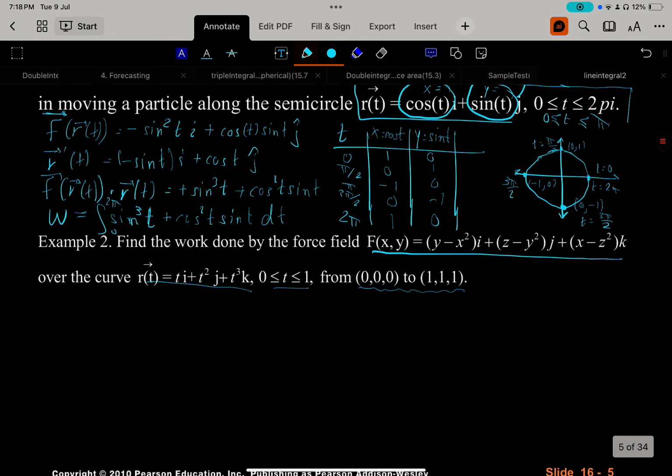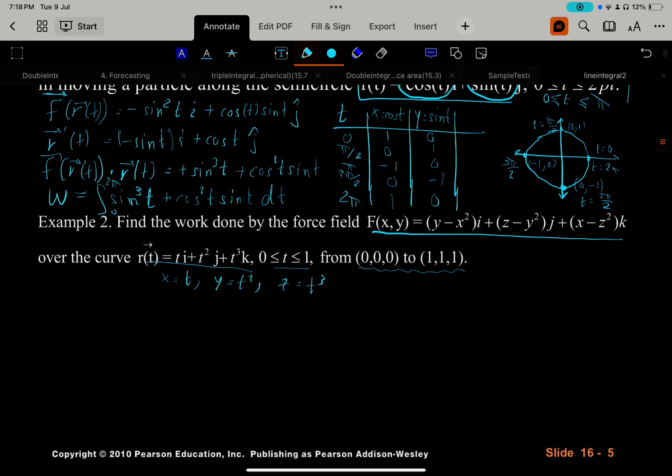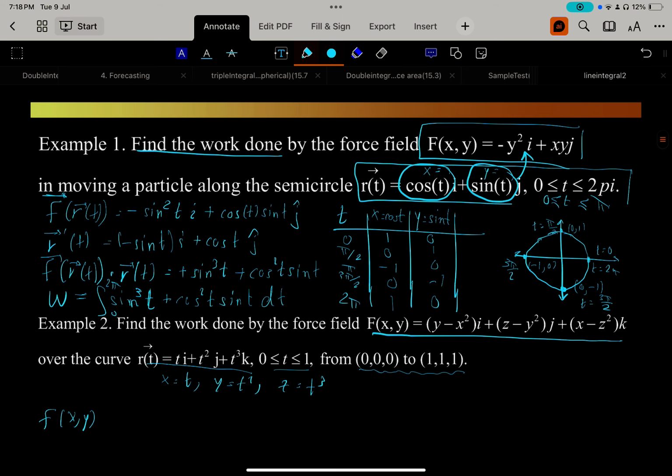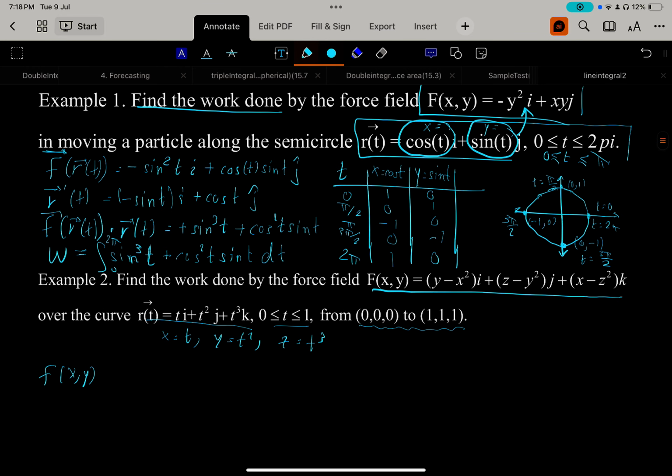Let's try to do this. We have x equals t, y equals t squared, and z equals t to the 3. Now we can substitute these into f of x, y, z, so z is involved too.